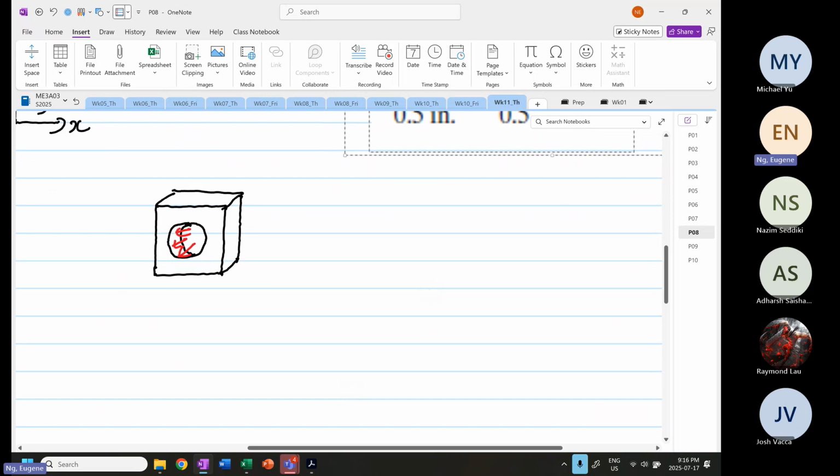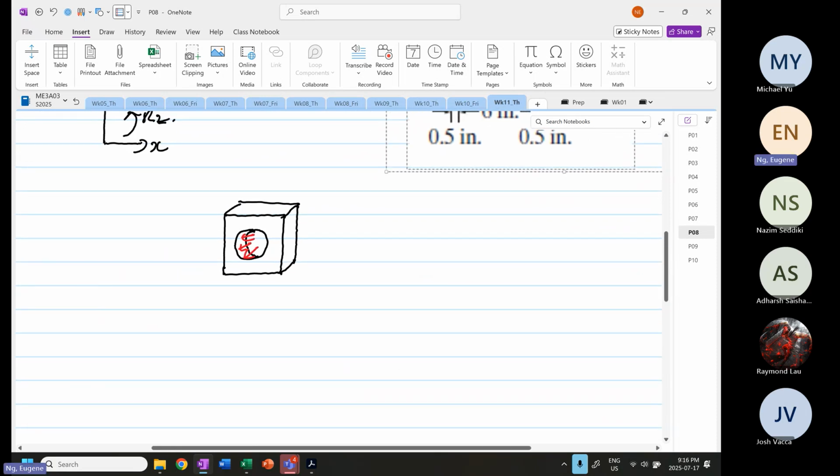Now, if we were to draw the fastener, so now this is our fastener.